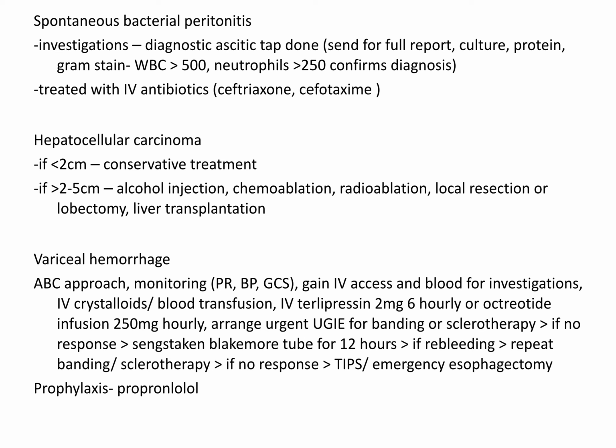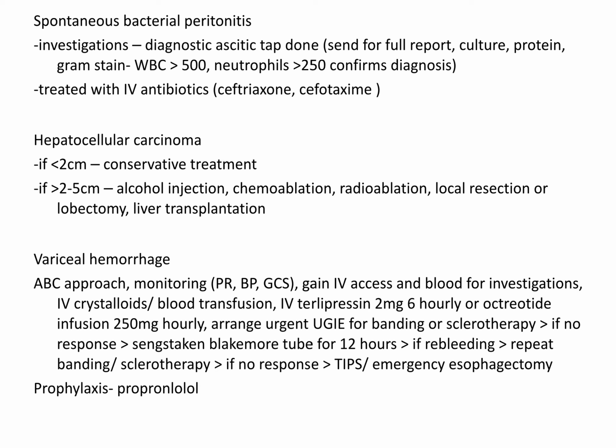And then after providing the patient with those drugs, we obviously have to arrange an urgent upper GI endoscopy for the definitive treatment, that is banding or sclerotherapy. If the patient is not responding to that, then we have to go for the Sengstaken-Blakemore tube, which we keep for 12 hours or so.